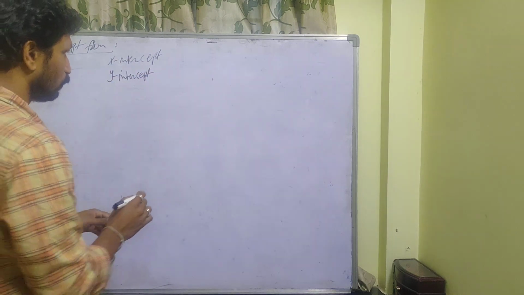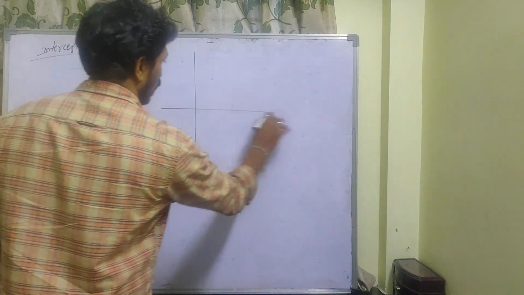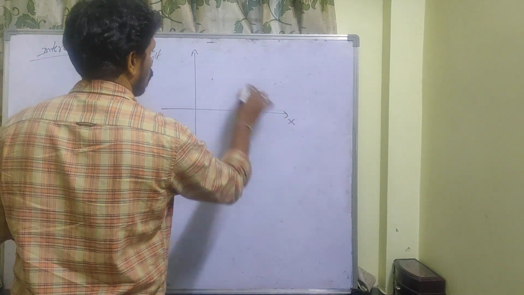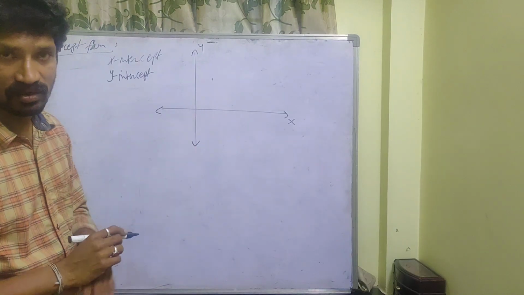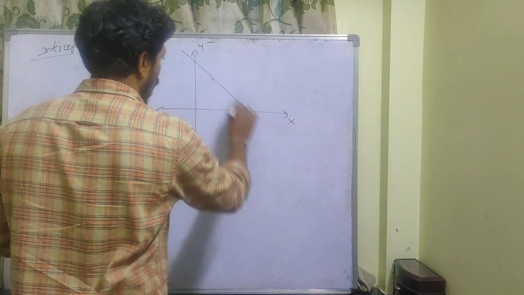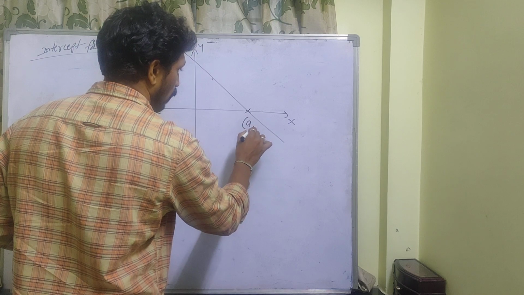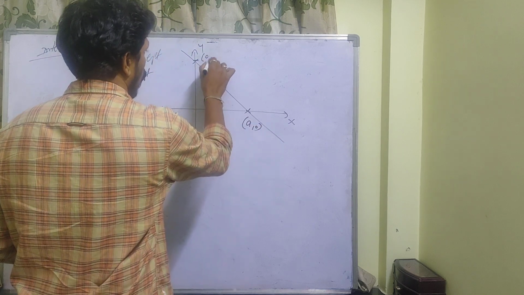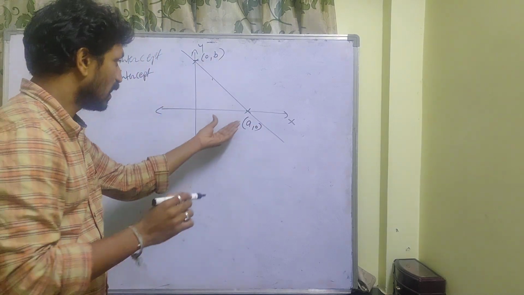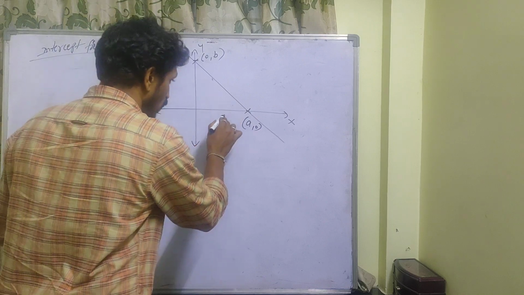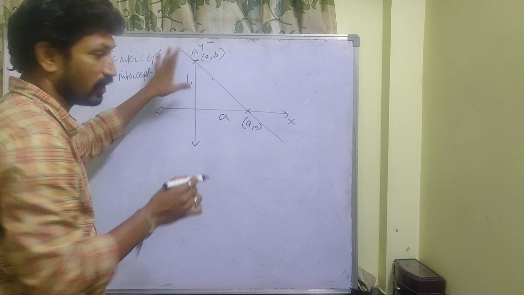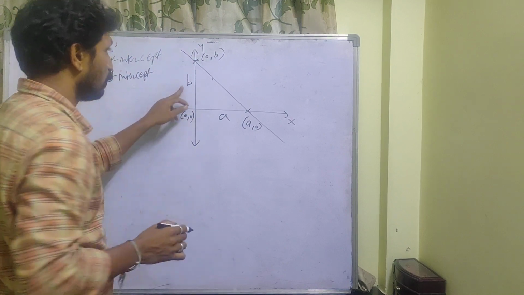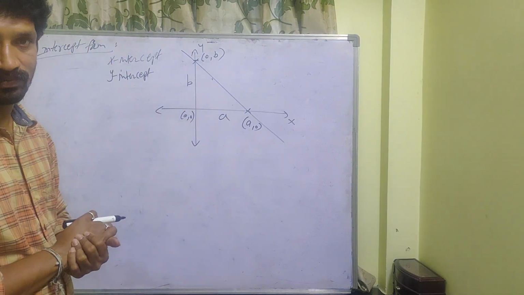See here, it is the coordinate axes, x-axis and y-axis. If any line intersects the x-axis at some point (a, 0) and the y-axis at some point (0, b), then this distance is a. So this a is called the x-intercept. This distance is b. It is the origin (0, 0). Then b is called the y-intercept.